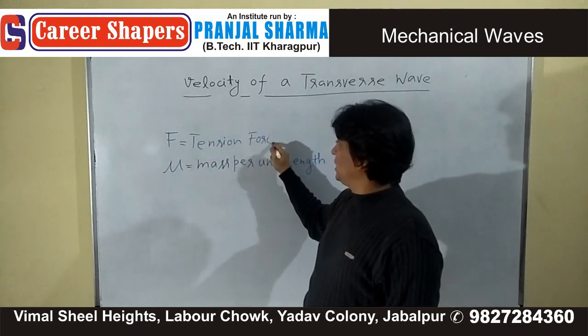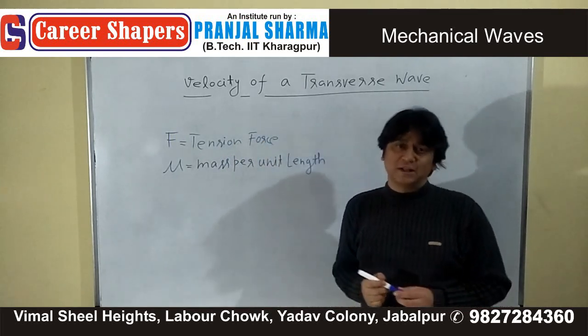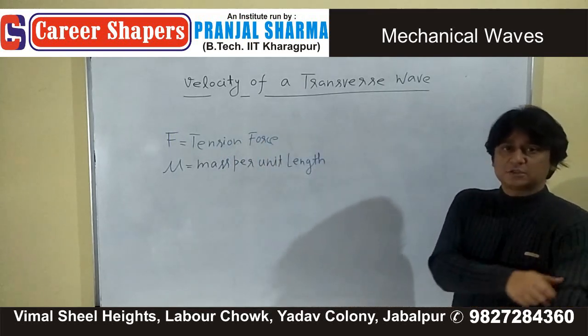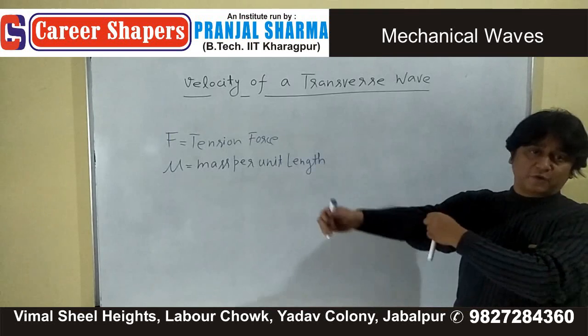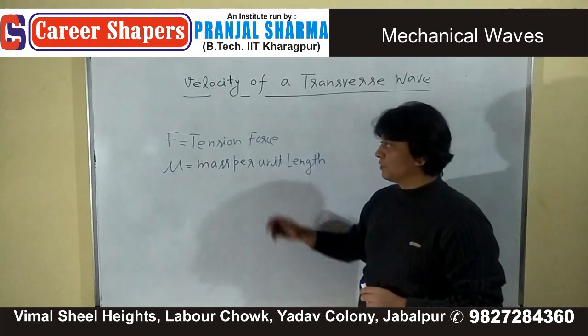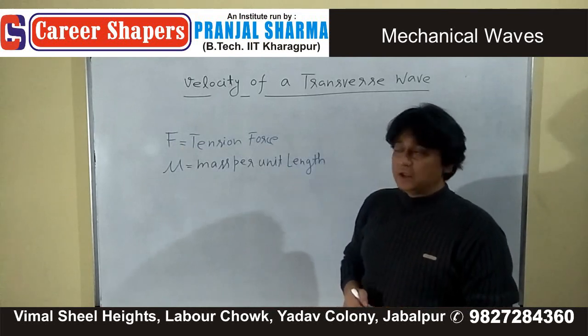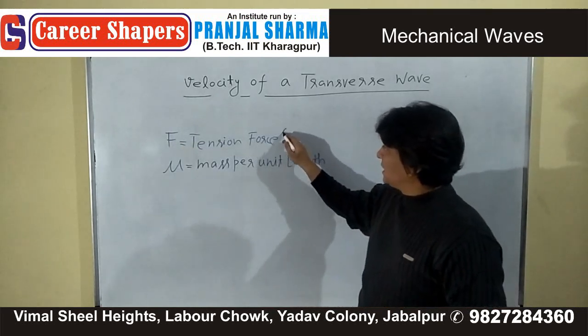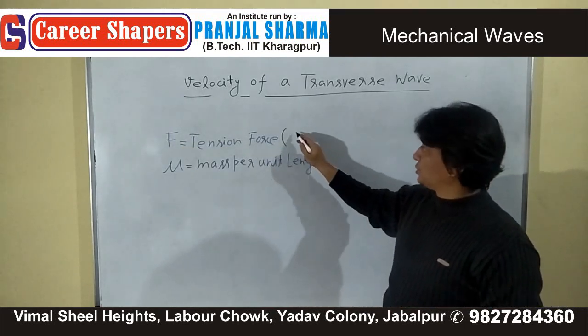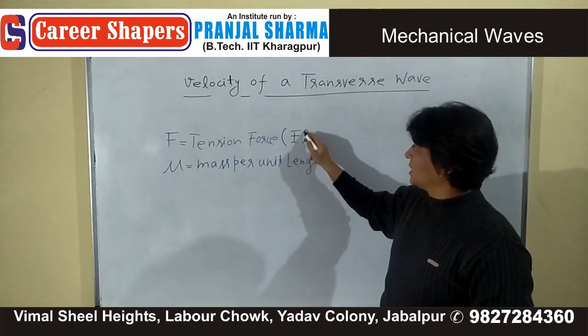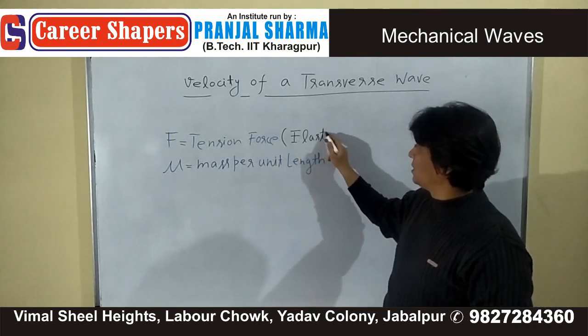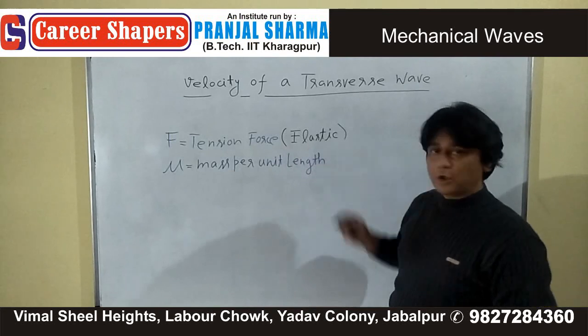Now remember, we use capital T for tension, but in waves and oscillations we also use capital T for time period, and therefore we will take F as what? Tension force. This F gives you the elastic property of the rope.